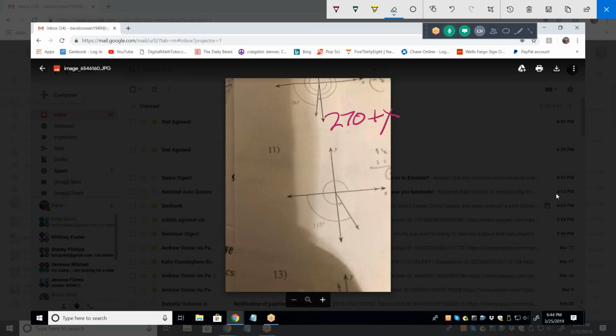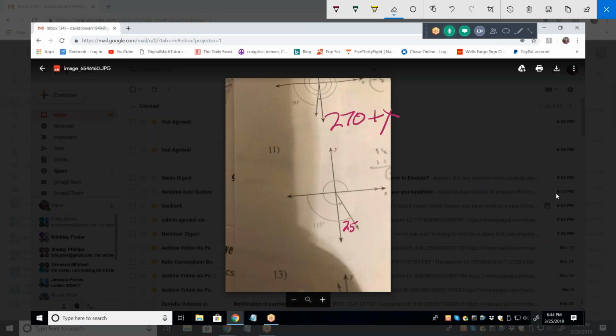Right. Now, in terms of this angle, that's 25 degrees. I don't need to put a positive or a negative sign on it. That's a 25-degree angle.